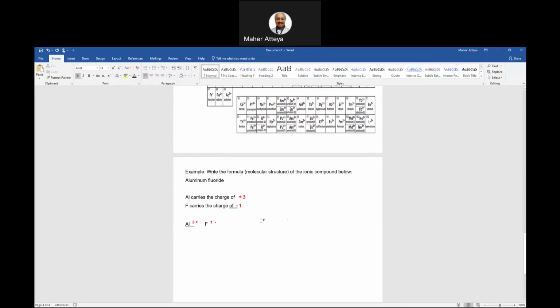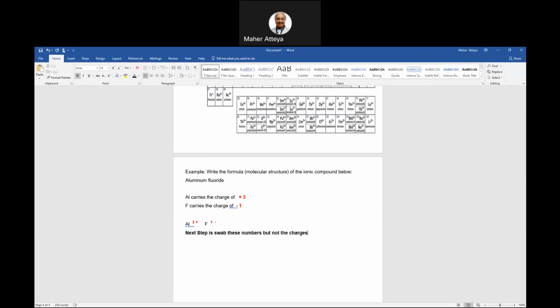So when you have this from the periodic table, the charges with multiple charges, you have to swap. The next step is to swap those numbers of charges. Swap these numbers, but not the charges.